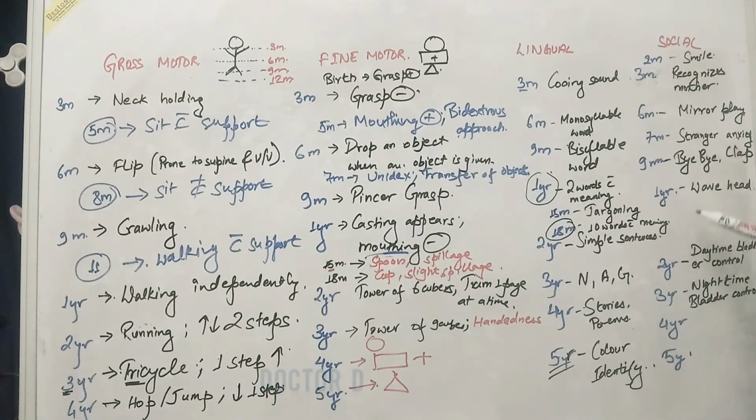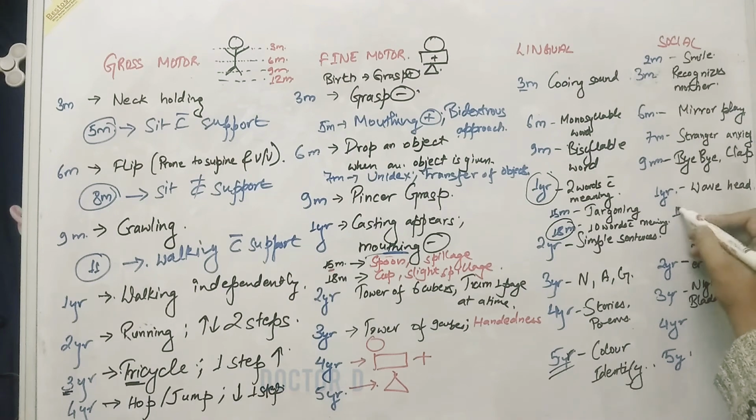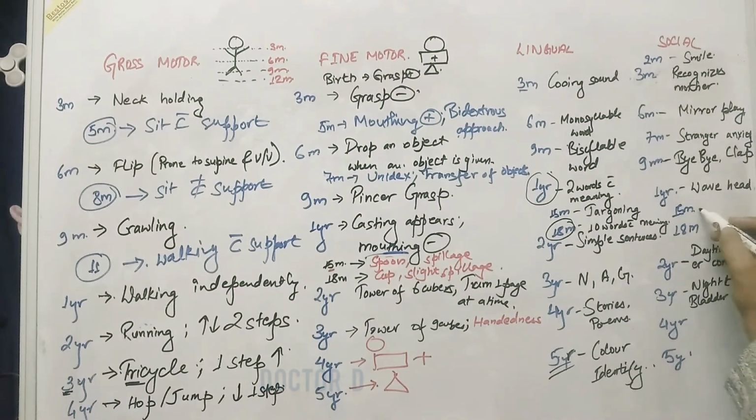Now, one more event that occurs between 1 and 2 years, at 15 months and 18 months, is that at 15 months the child is able to hug their parents. And at the end of 18 months, the child is able to kiss their parents.